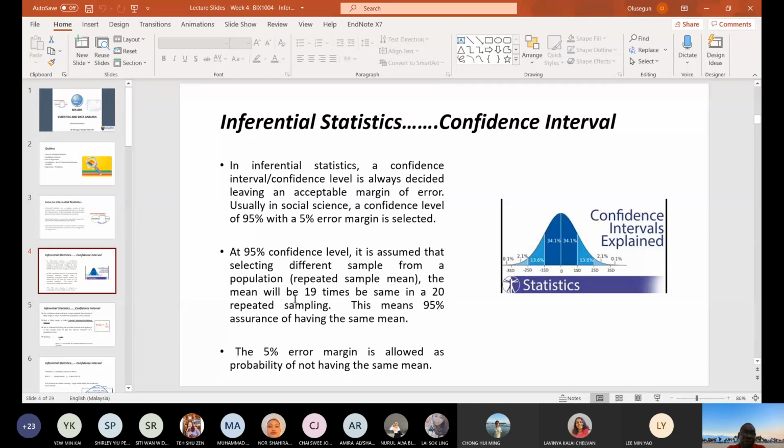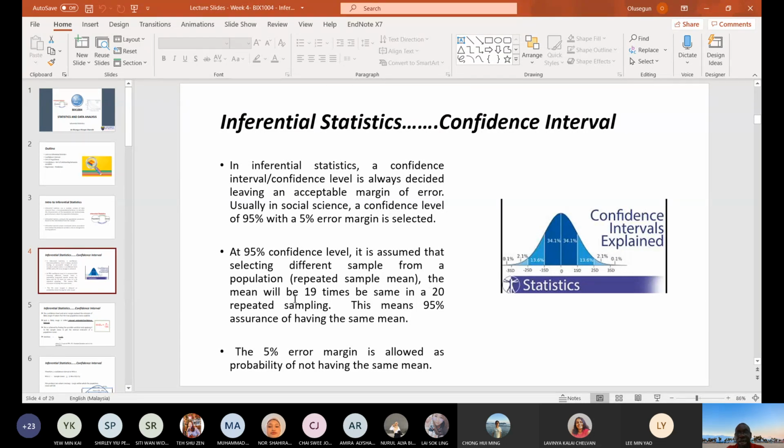So irrespective of the people I am investigating, so far they are students of UM, if I select 20 different samples of the same number, the result I will get from them will be 95% the same. So the error level of 5% is allowed.